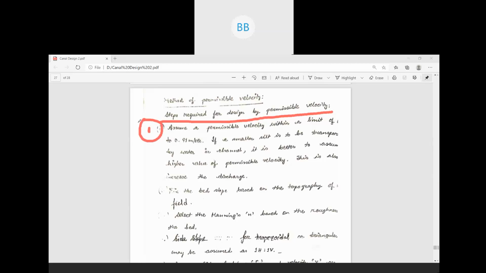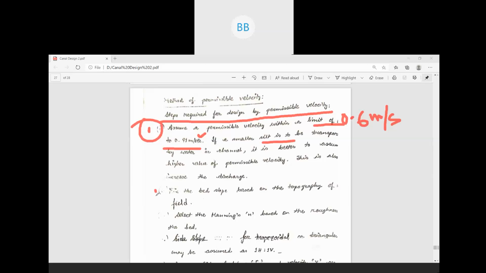Number one, assume a permissible velocity within a limit of 0.6 meter per second to 0.91 meter per second. That permissible velocity also depends on your silt.